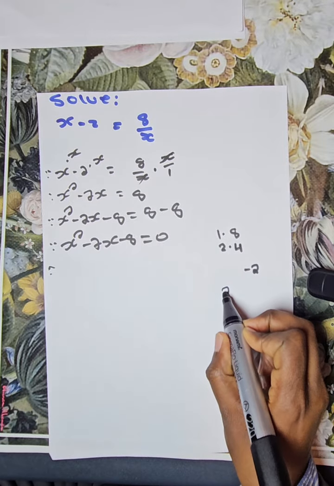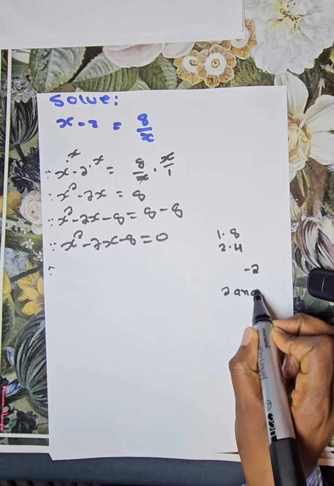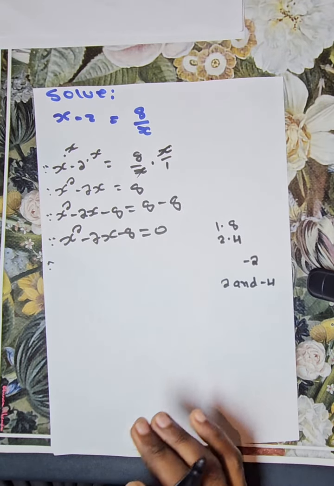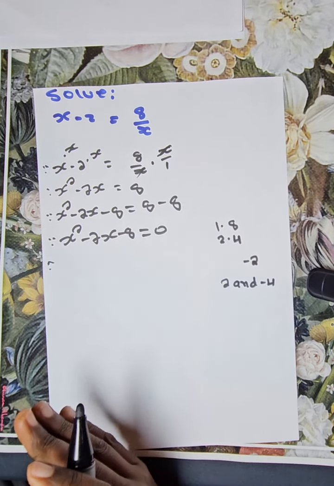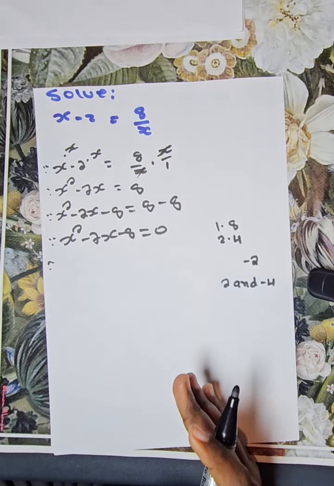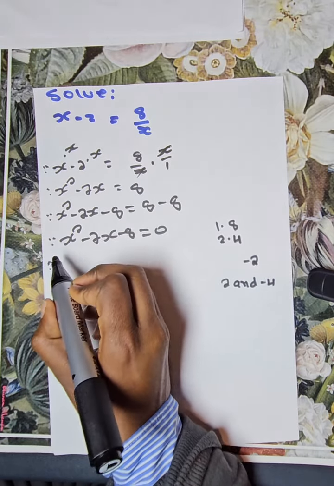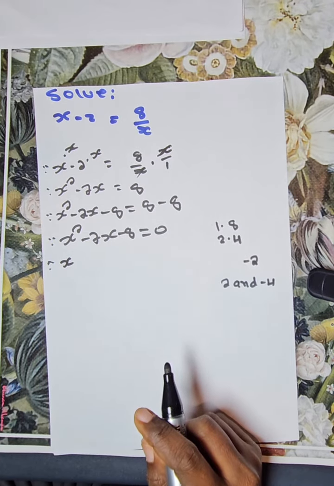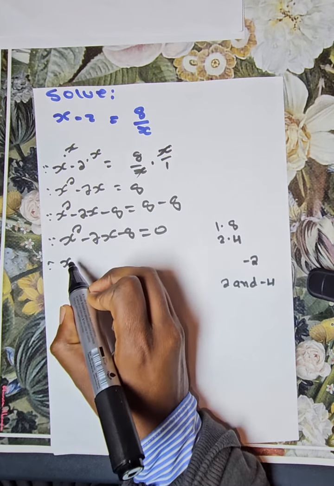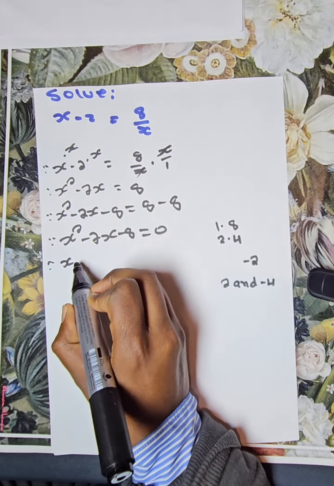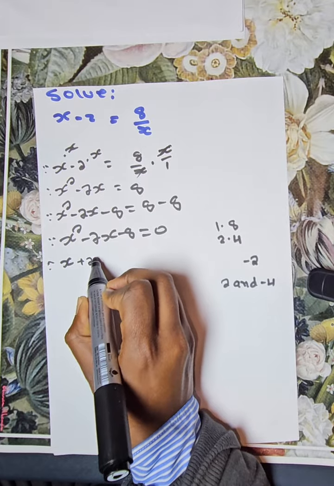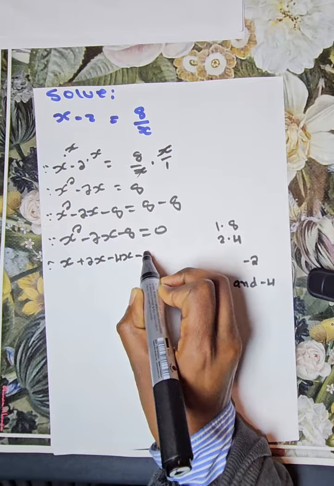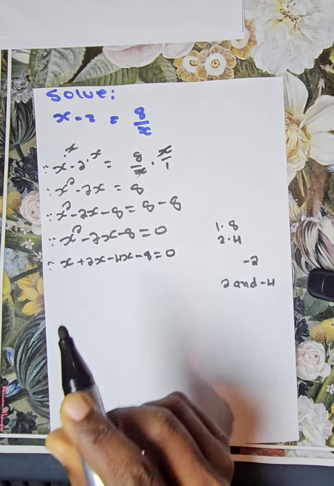Yes. 2 and minus 4 will give us this coefficient, because 2 minus 4 equals minus 2. Therefore, we substitute 2 and minus 4 in place of minus 2x. We're going to therefore say this equals x squared plus 2x minus 4x minus 8 equal to 0.